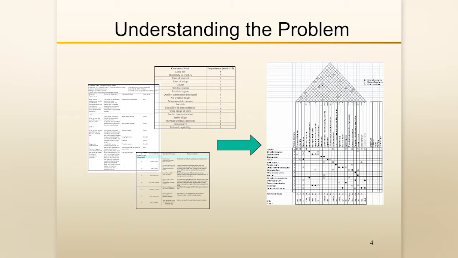We'll use a technique called the house of quality, which is depicted on the right, to structure that translation process. This is important because those performance metrics give us ways to compare different concepts and give us the criteria for choosing the best from among those concepts.